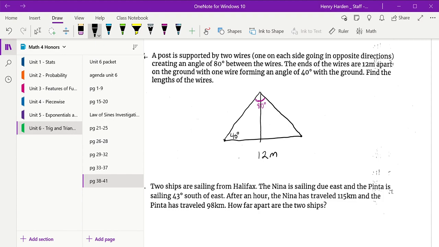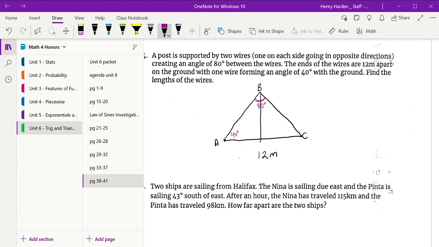Okay, so now with that being said, I know that within this triangle, I have an 80-degree angle here, and I have 40 degrees here. I don't want to use numbers, so we'll call the vertices A, B, and C again.